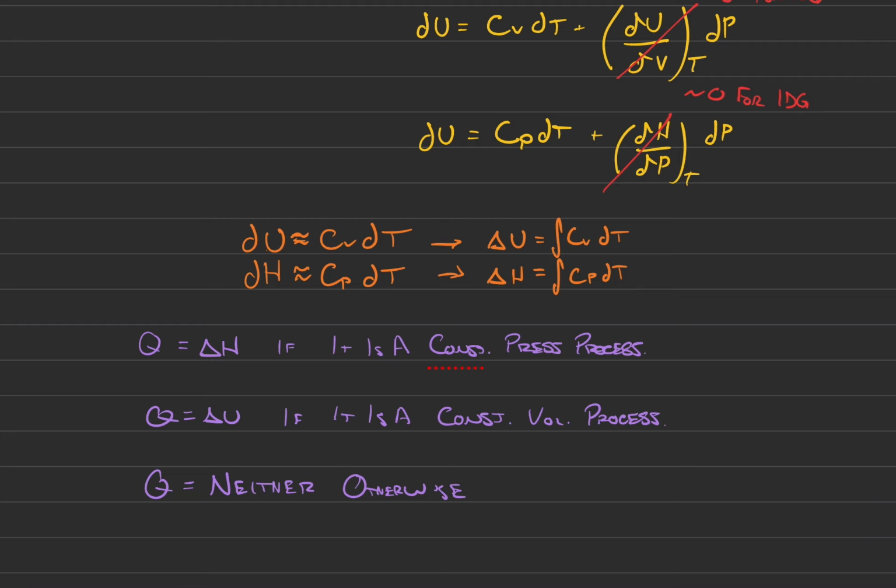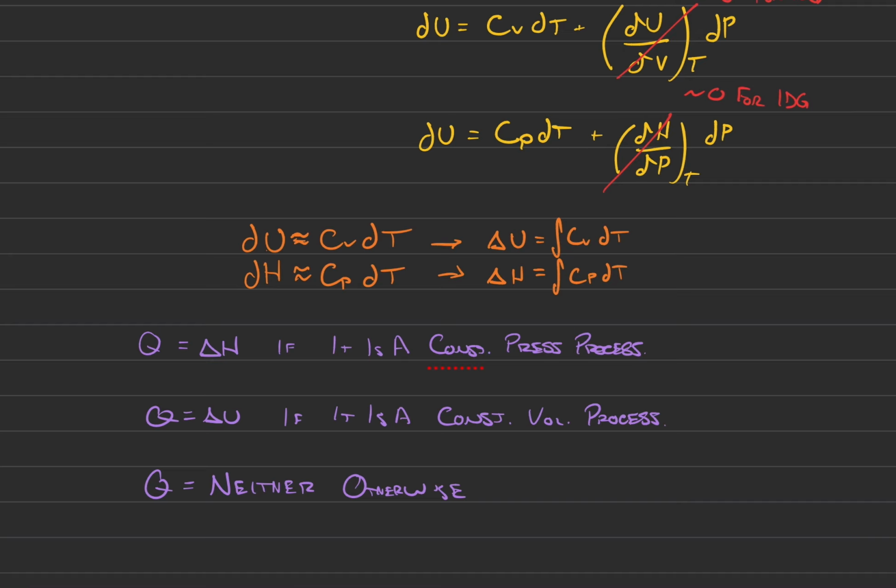But the interesting thing is you don't need to know Q to be able to determine the change in internal energy or change in enthalpy. You just need to know temperature. And that should highlight to you a little bit the difference between what we call a state variable and a path-dependent variable.